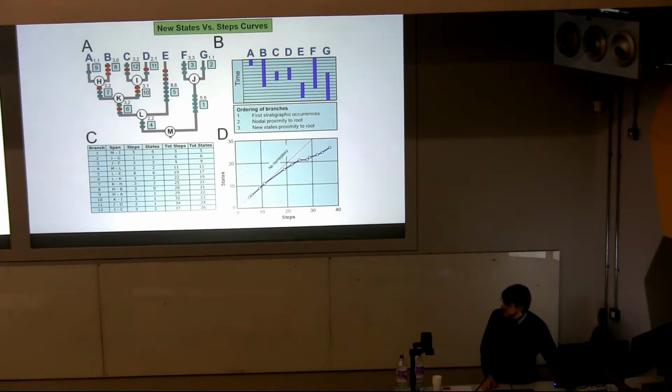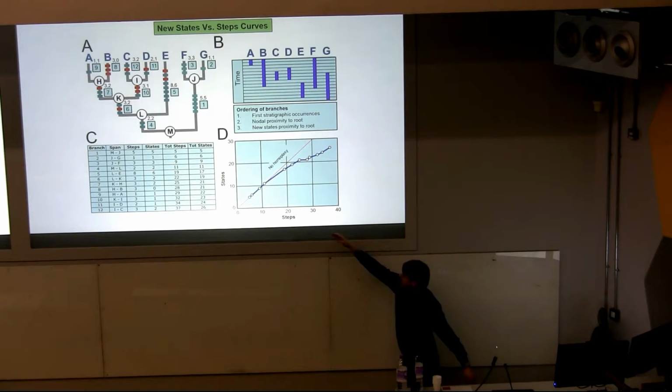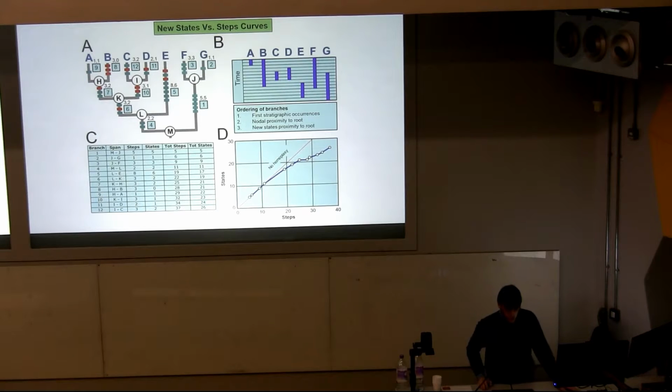And so what you need is a set of rules that you can apply to order your branches in your phylogeny so that you can produce a nice curve like this, where you're looking at the total number of character state changes on the x-axis versus how many of those changes are new things, new character states, new morphologies.